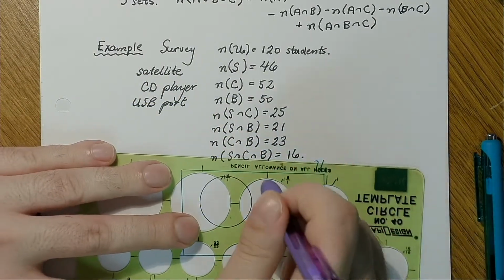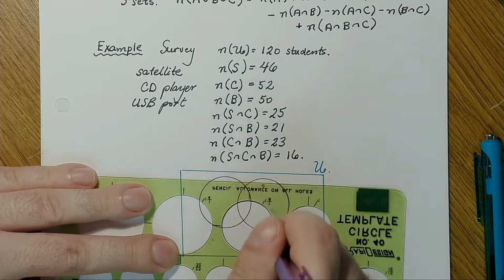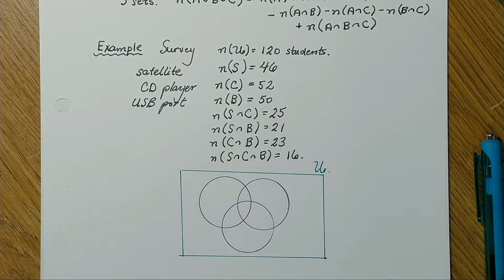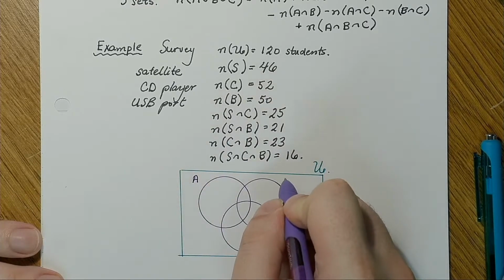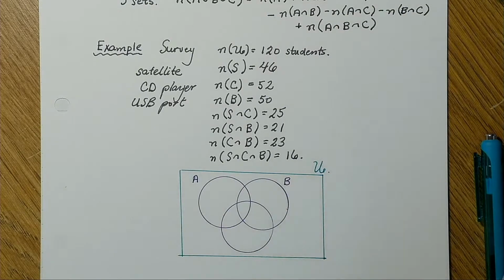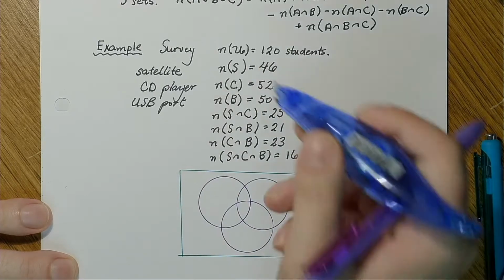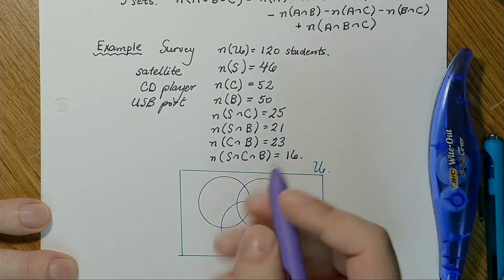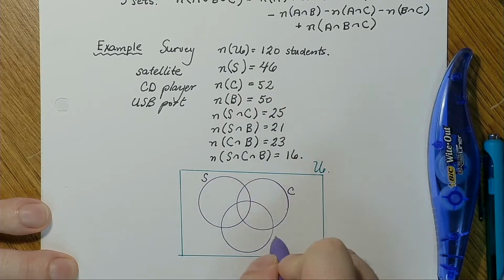There's 1, there's 2, and there's 3. So these are not mutually exclusive sets, right? They are all overlapping with one another. I'm not going to label these A, B, and C. This is almost out of habit. Sorry. Because we're using S, C, and B, so S, C, and here's B.